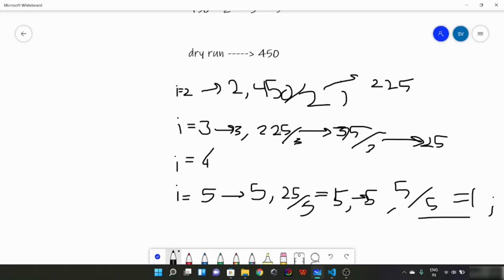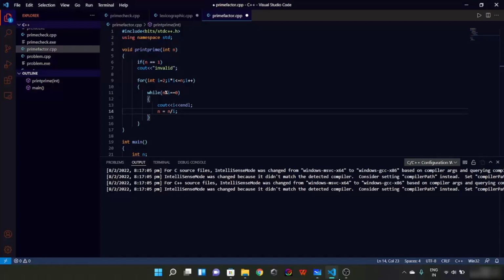Suppose i is 3, so we can see that 225 will get divided by 3, so we printed 3 first. Now what we did is we changed n to n by i. It becomes 75, and then we have a while loop. So we'll see that n, which is now 75, is again getting divided by 3. So we'll print 3, right? So this is how we are proceeding with this loop, and that's how this program is going to run.